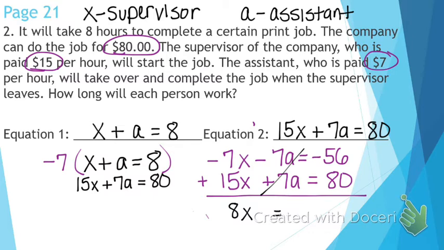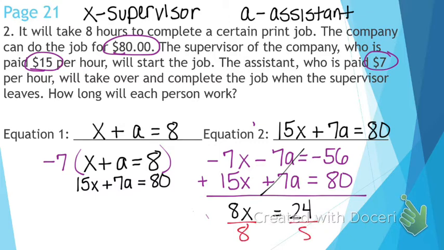Now in your calculator, put negative 56 plus 80. 24. So 8x equals 24. Now to solve it, you're going to divide both sides by 8.